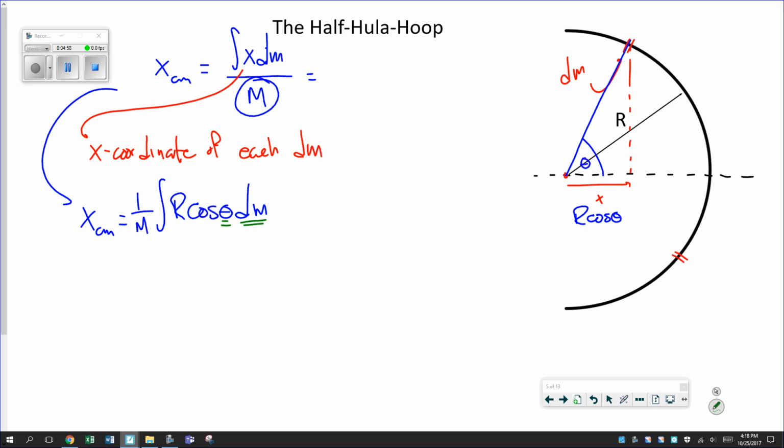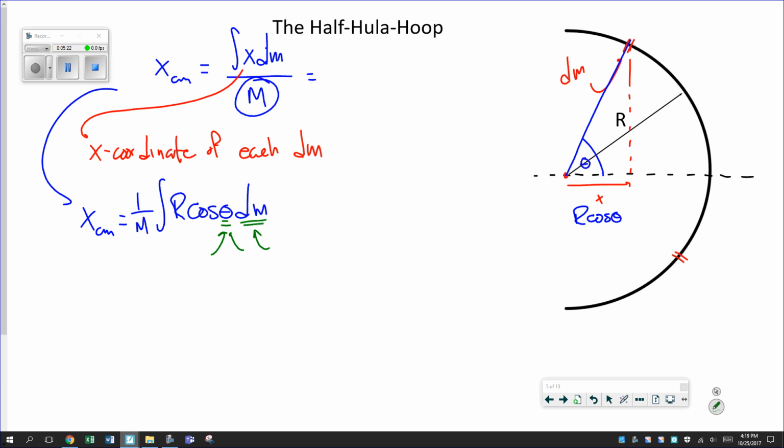And you can't do that. You can't integrate something that varies with respect to a different variable. So that means we've got to turn either this theta into something in relation to m, or this dm into something that relates to theta. So how do we do that?